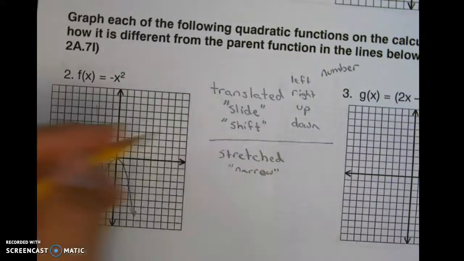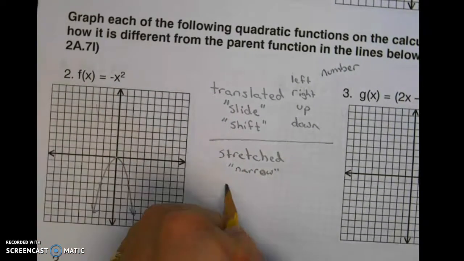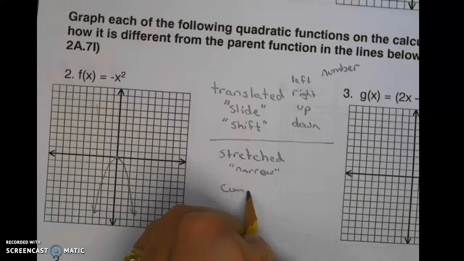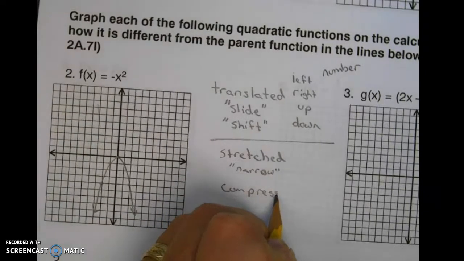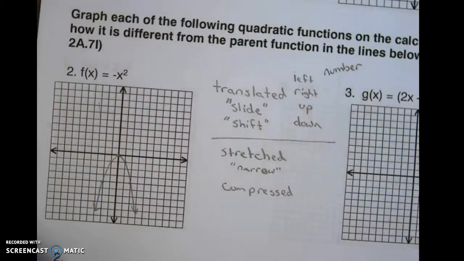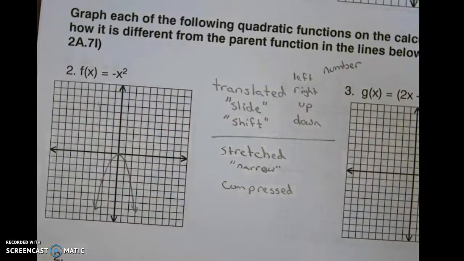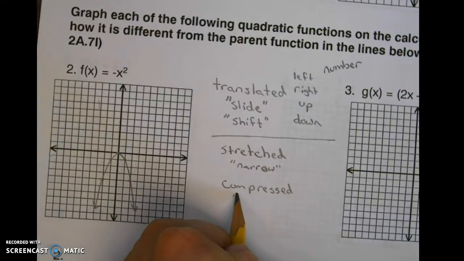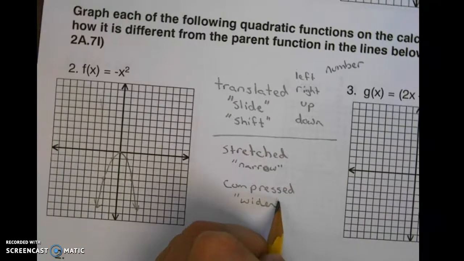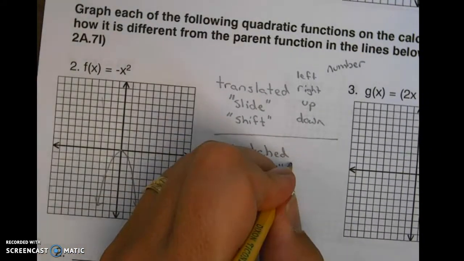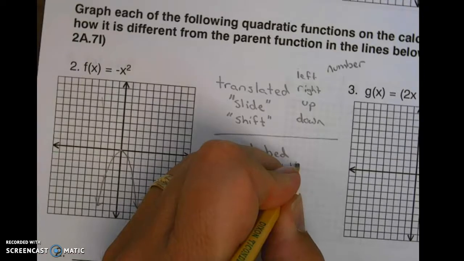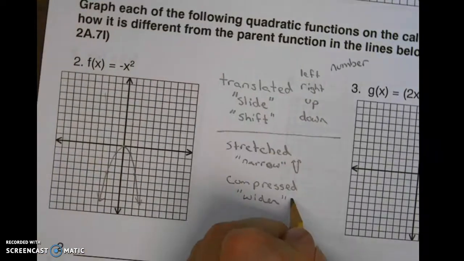Okay. Compressed. So if the y values are being decreased, okay, the graph's going to look wide or wider. Here's a picture of narrow, real narrow. Wide looks kind of like that.